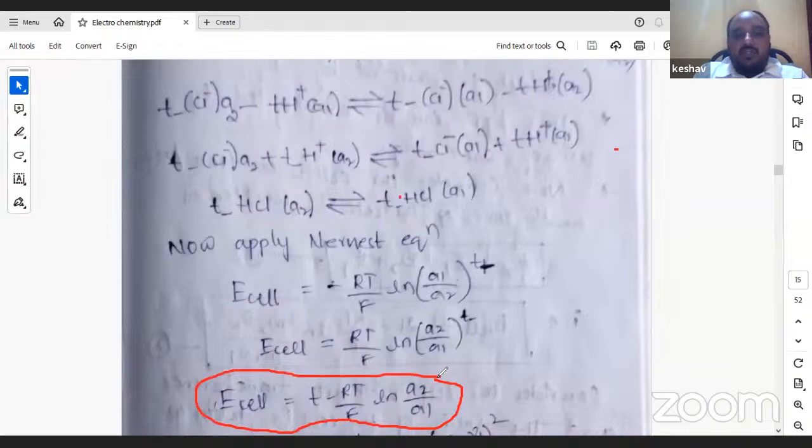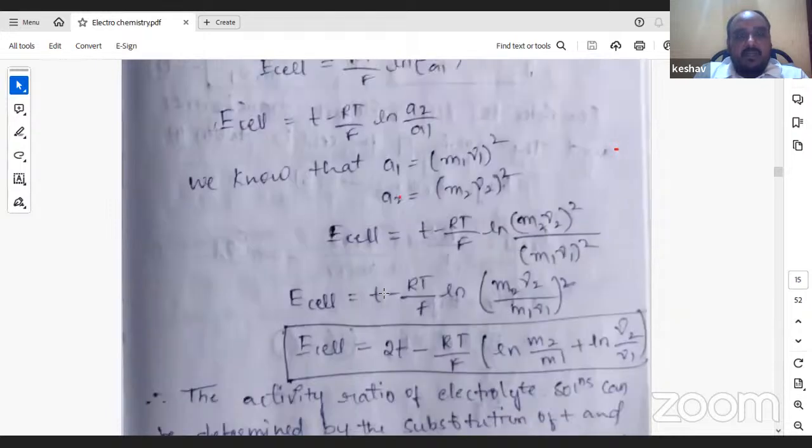But A2 by A1, A2 is the activity of HCl, A1 is the activity of HCl, which will be converted into activity coefficients and simplified. A1 is equal to M1 gamma 1 square, because A1 means the activity of HCl, which consists of two ions, one is the H plus and the other is the Cl minus ion.